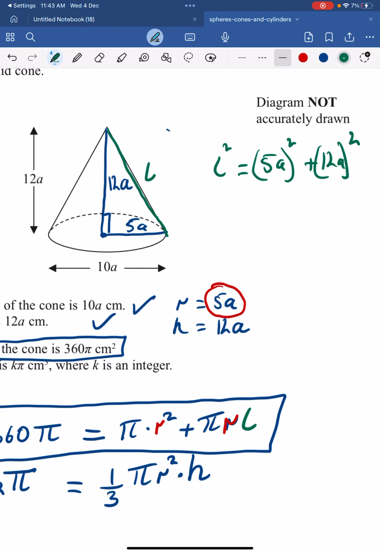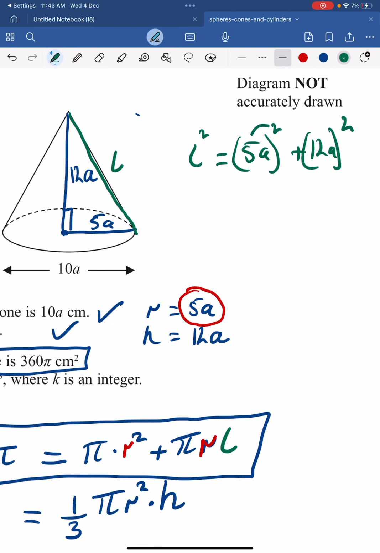Remember, when we square a number, if it's a product, as in multiplication inside, we can distribute the power of 2 over both pieces. That's 25a squared plus 144a squared, which is 169a squared. That's L squared.